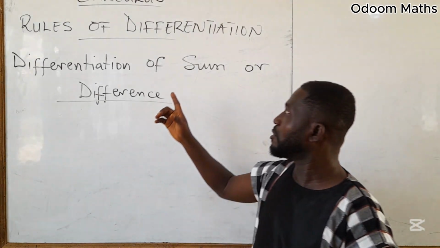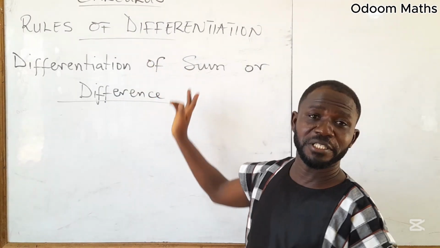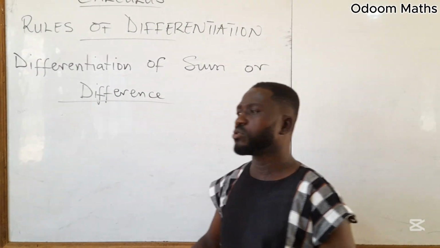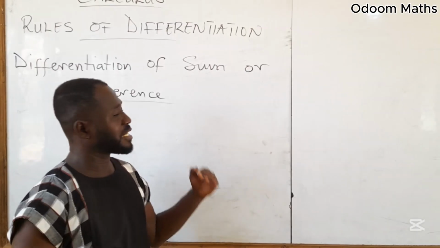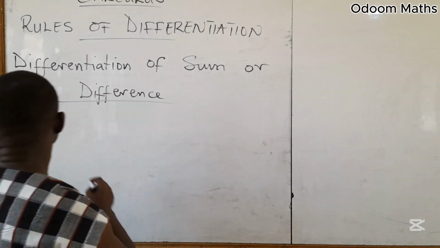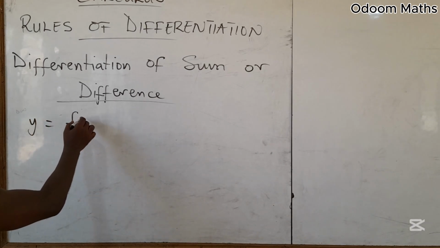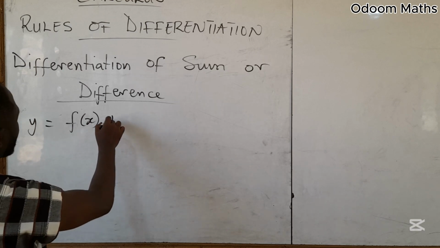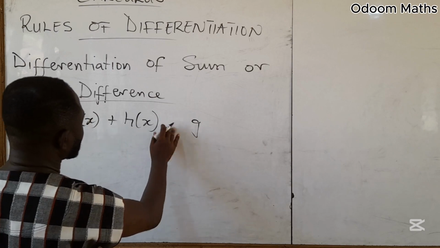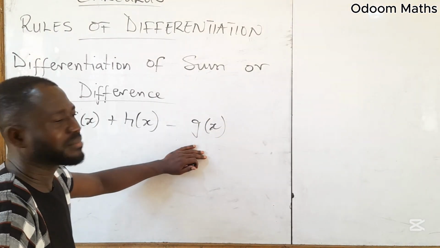Please, we are looking at calculus, and under calculus, we are looking at rules of differentiation, and we are continuing. That is differentiation of sum or difference. To differentiate an expression given, you need to differentiate each term separately. For example, let's say we have y equal to f of x plus h of x minus g of x. So we differentiate each term separately.